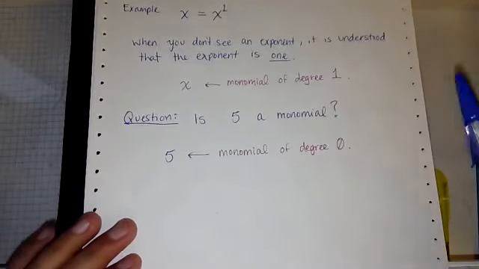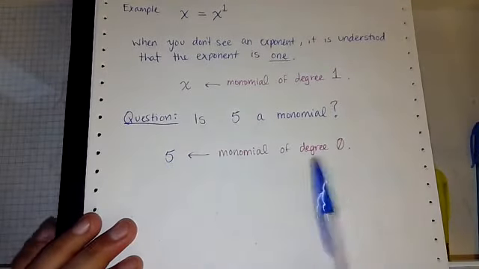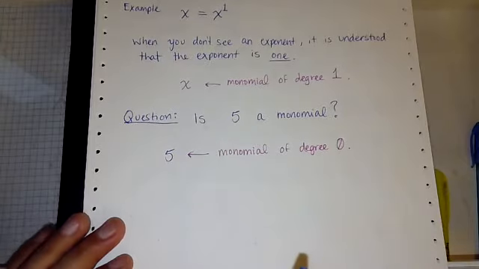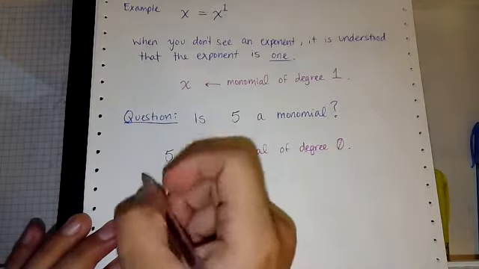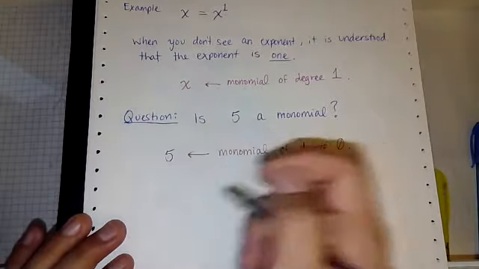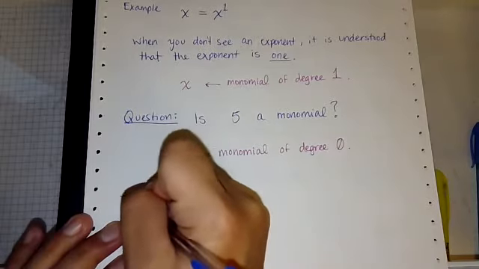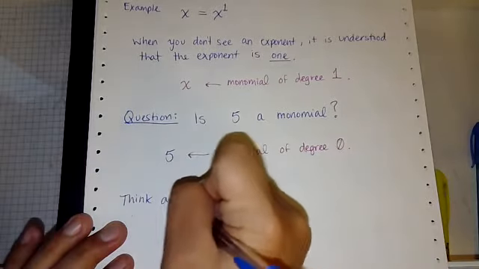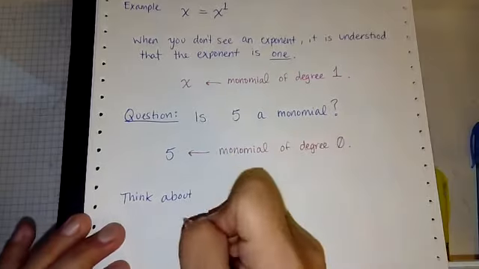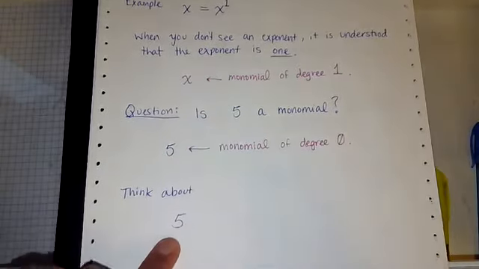Now, the reason why we can call it degree 0 monomial is because of what we learned last time about exponents. So follow me, if you will, on this logical journey. Think about 5, the number.